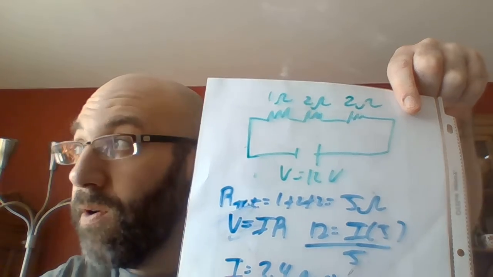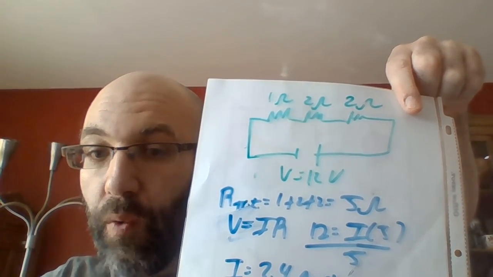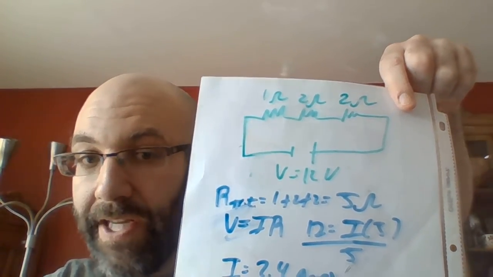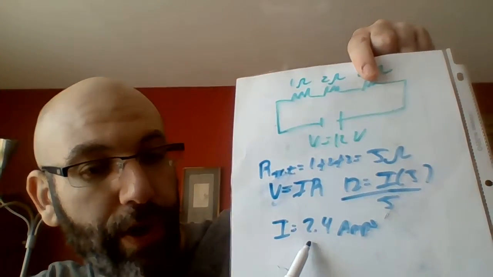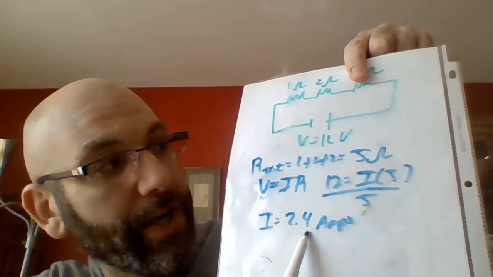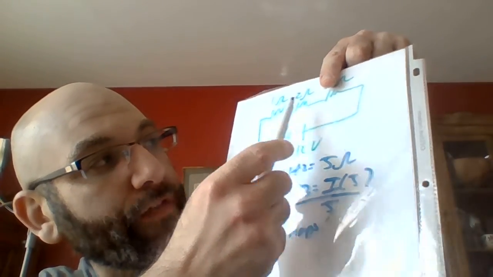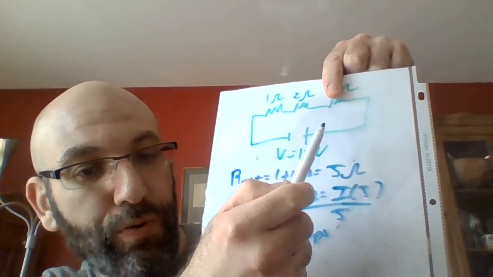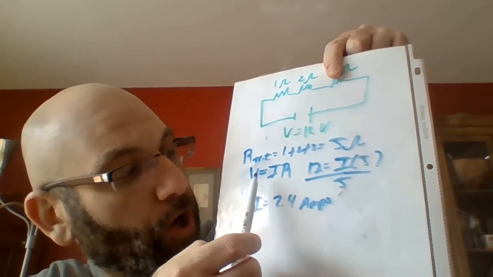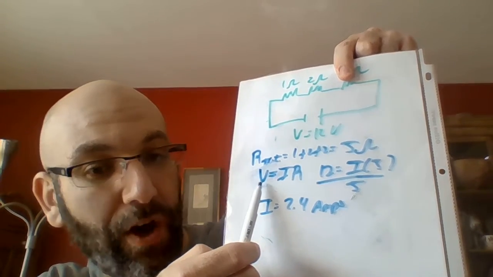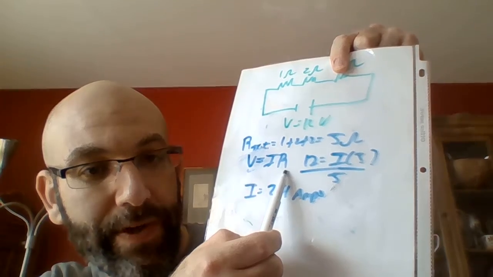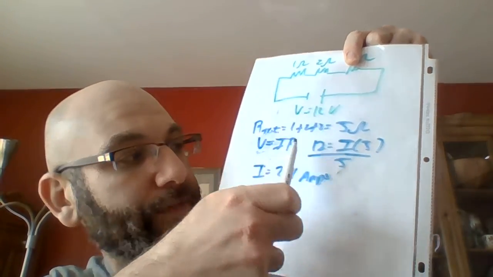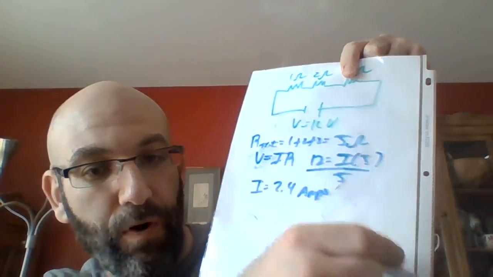Here's what we know about resistors that are in series. Their voltages are different across each one, but their current is the same. Every resistor has 2.4 amps of current running through it, and we know their individual R values: 1, 2, and 2 respectively. So if we use Ohm's law, V equals IR, we can solve for the voltage of each one by plugging in the current, 2.4, and multiplying it by the resistance: 1 for the first one, and 2 ohms and 2 ohms for the second two.